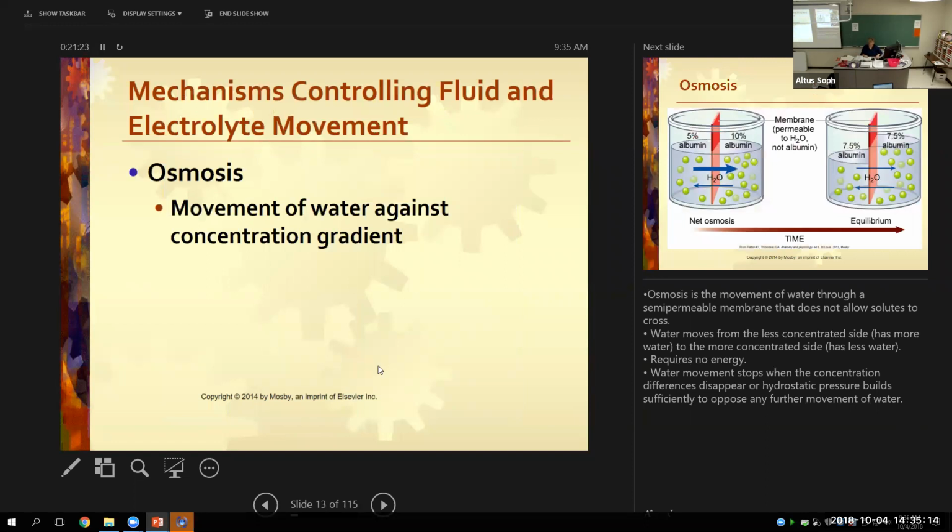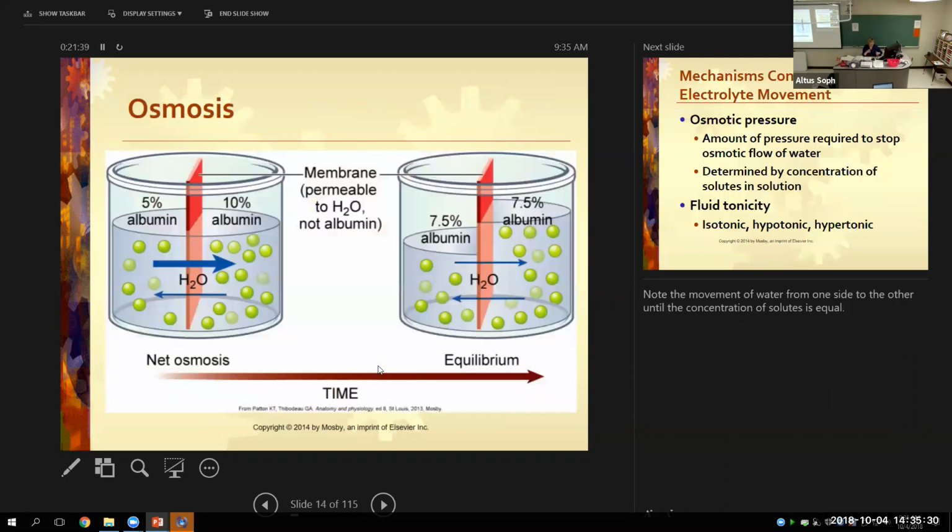This is just movement of water against concentration gradients. Here you do have a semi-permeable membrane, and your cells sometimes act as that semi-permeable membrane for certain things in the blood. One of them is protein. Here we have a net osmosis. On one side we have albumin at 5% concentration.